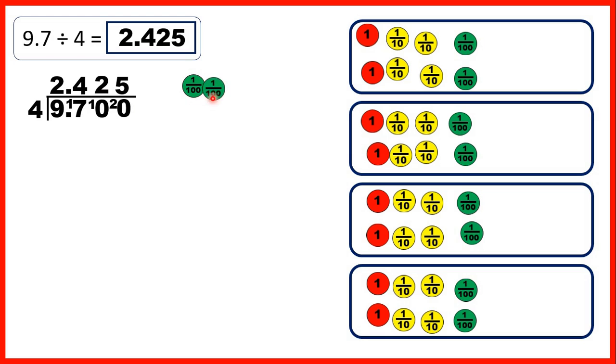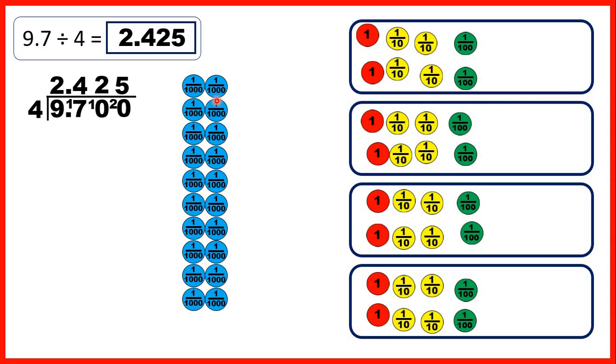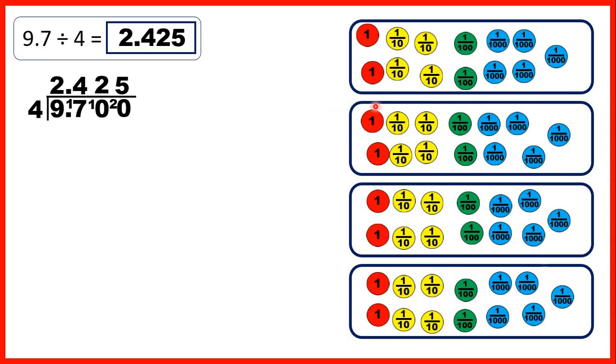But now, what can we do with these 2 remaining hundredths? Well, what we did was extended with another 0, so into the thousandths, and 2 hundredths is the same as 20 thousandths. So when we share those out, we get 5 thousandths in each group to give us our answer 2.425.